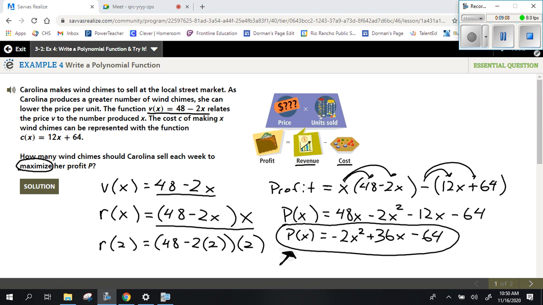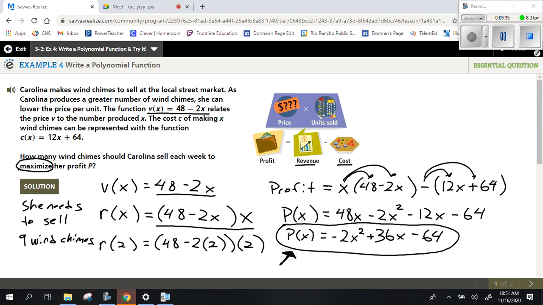And what would her profit be? It would be $98 a week that she's making. Fantastic. So let's go ahead and answer the question. She needs to sell 9 wind chimes. Nice. Awesome.